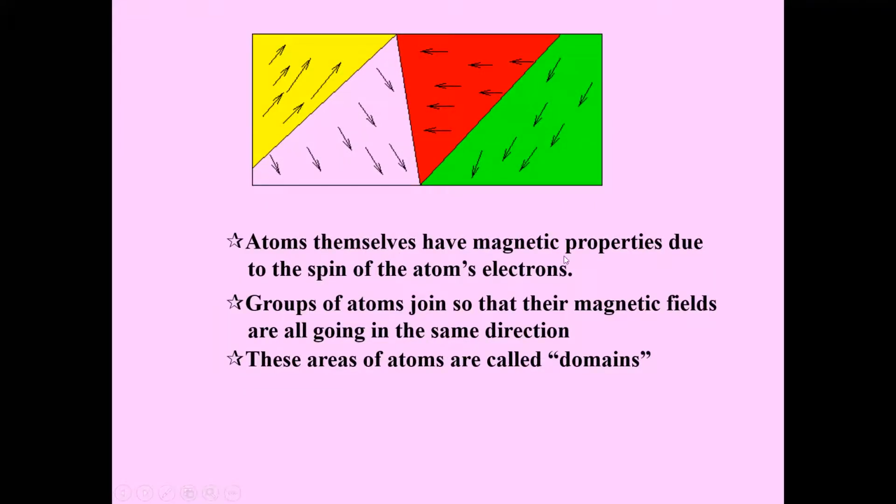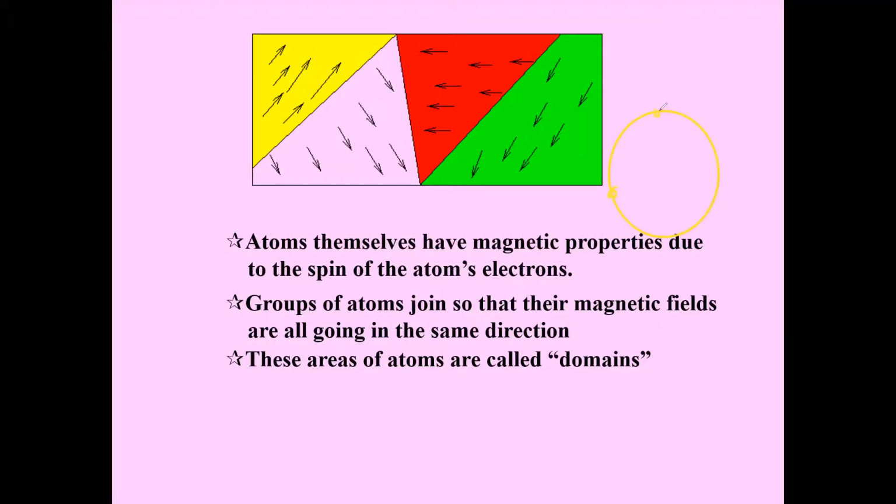So atoms themselves have magnetic properties due to the spin of the atom's electrons. I told you earlier about this, that in any atom there are electrons and they are spinning every time, in their spinning motion.